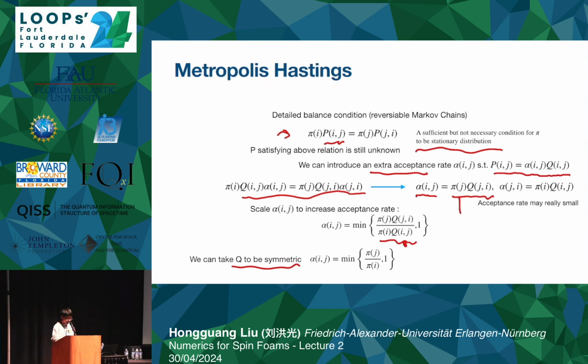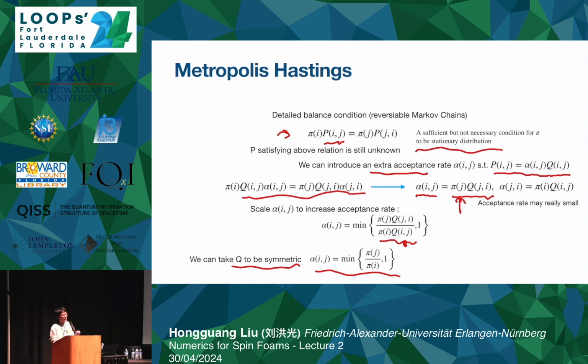So pi is our target distribution, which we already know. And if we take Q to be symmetric, the acceptance rate is nothing else but the minimum of 1 and the ratio of the probability distribution between the j state and the previous state at step t minus 1.